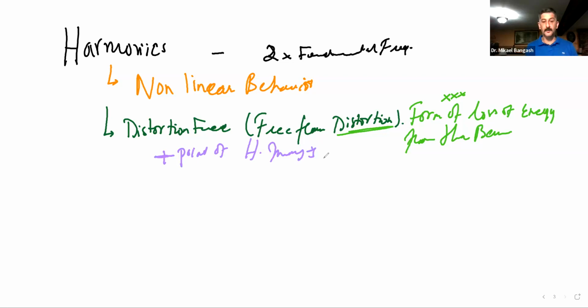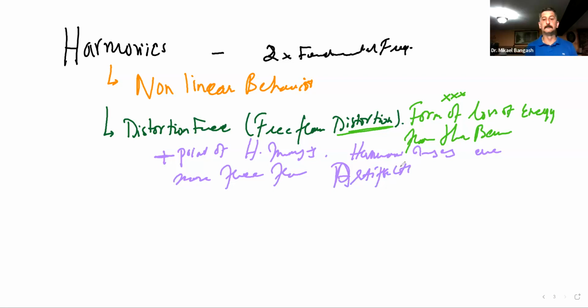Because of that, we can say harmonic images are more free from artifacts. The distortion leads to loss of energy, and it also produces artifacts.